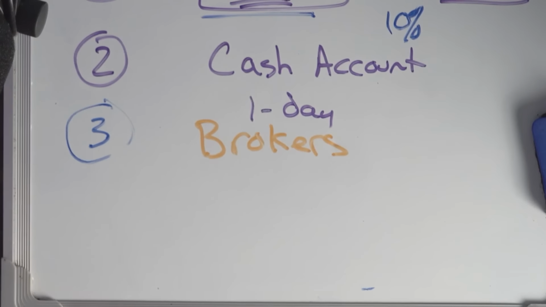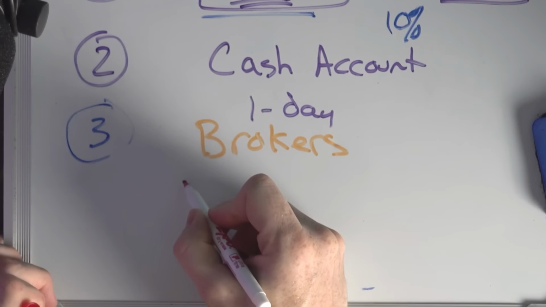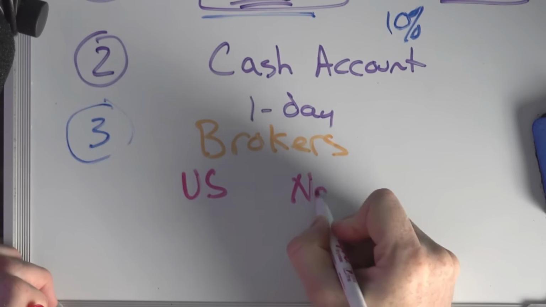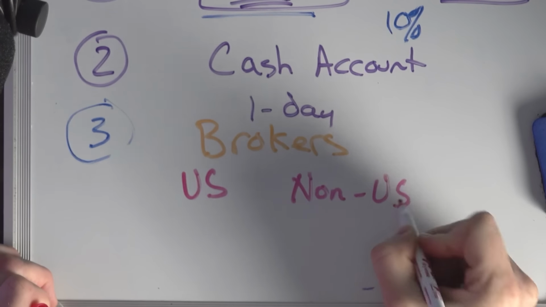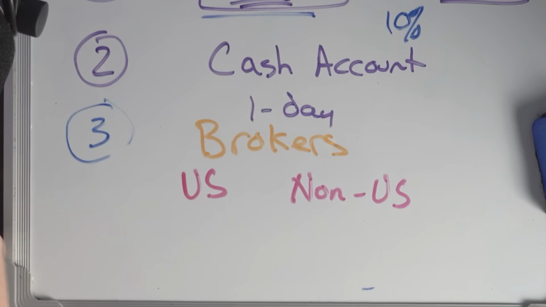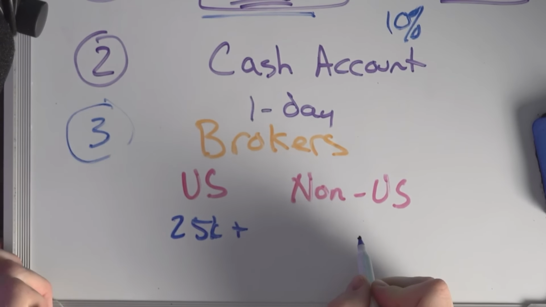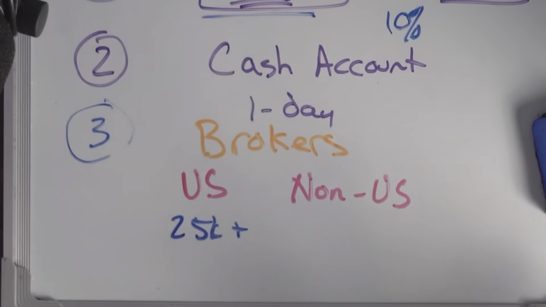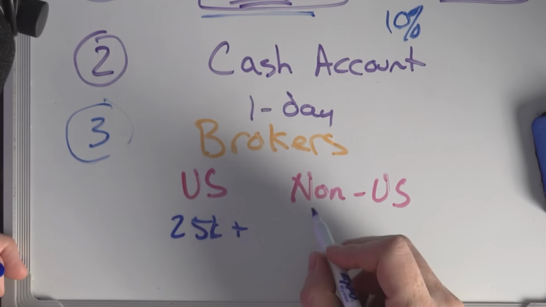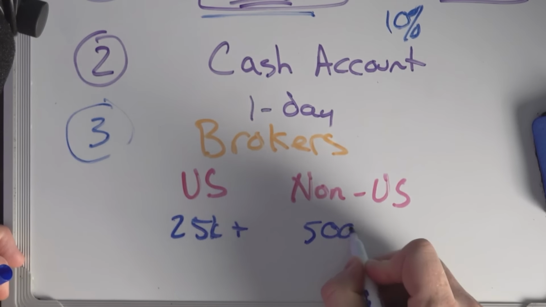So now we have to kind of branch out here between US and then everything else, which is non-US. So US is going to require 25K plus. And non-US, well, they just don't. So you have non-US brokers that have a minimum as low as $500.